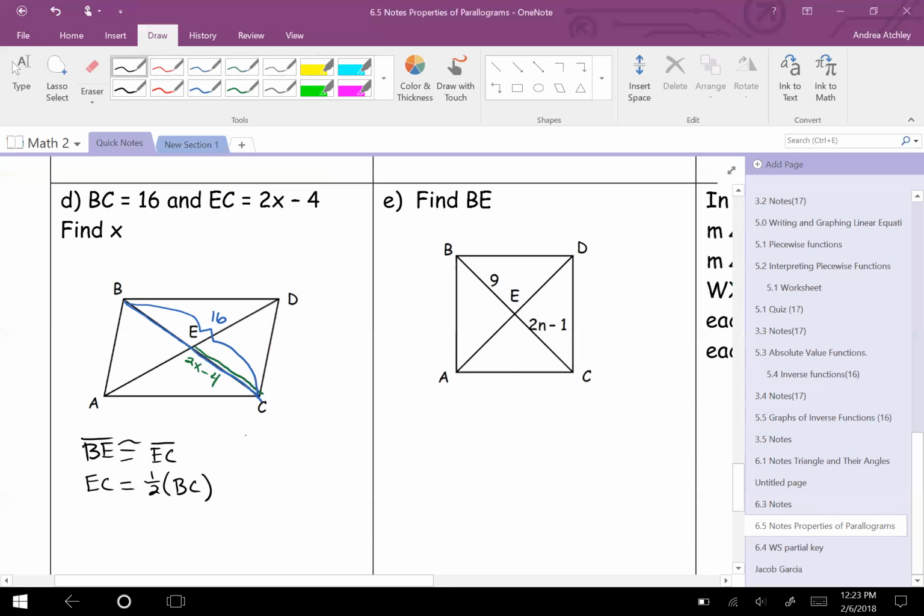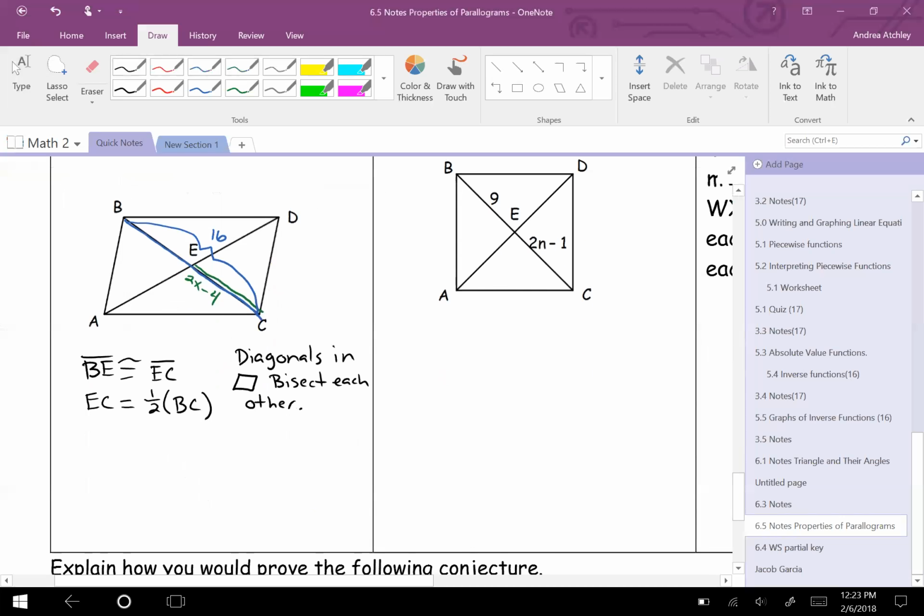And that is diagonals in parallelograms bisect each other. Any questions over that? Okay, so I can just plug it in.